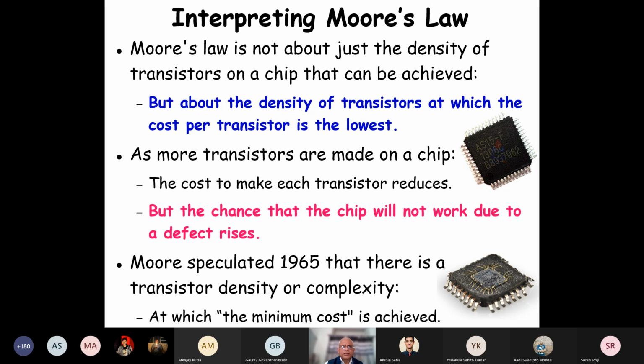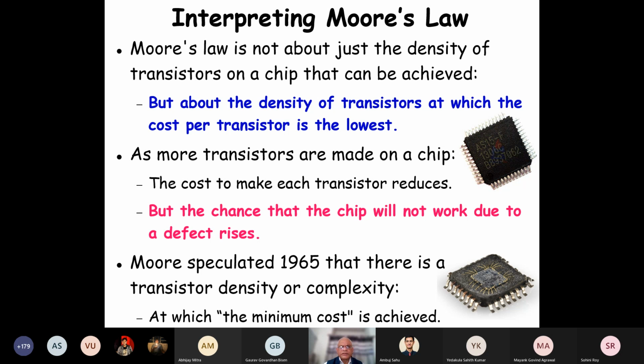But let's just try to understand what he meant by the minimum density transistor. The minimum density transistor means the density of transistors at which the cost per transistor is the lowest. So there must be some contradictory influence on the cost.